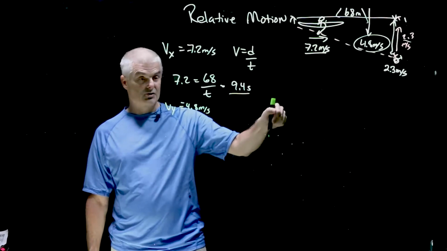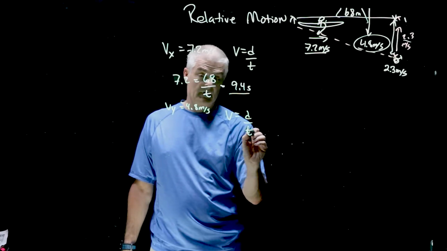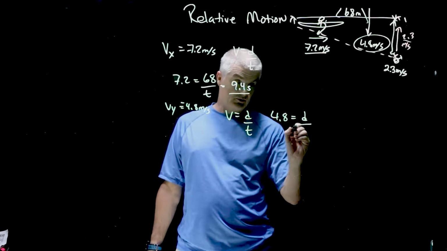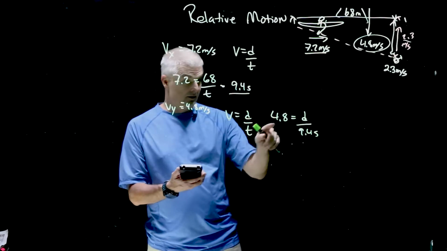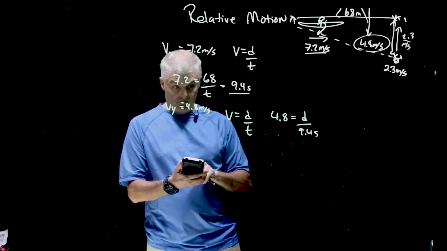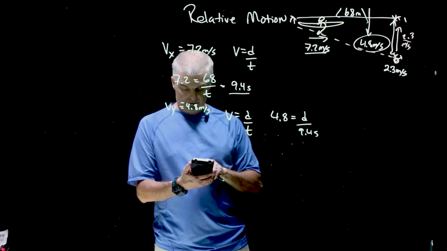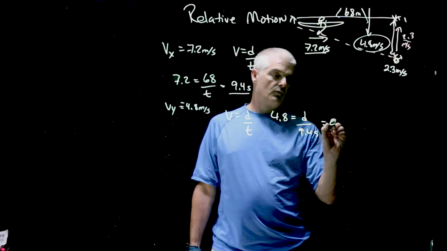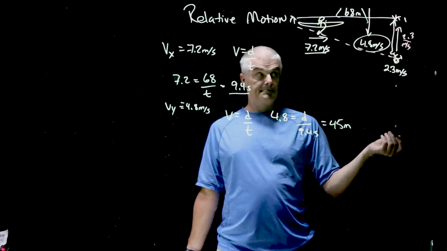So how much downstream did he go? Again, we're going to use our simple equation. V is d over t. And our v is 4.8. And our distance, we don't know. We do know our time, though. That's 9.4 seconds. So we're going to do our math. We'll take 4.8 times 9.4, and that gives me 45 meters, meaning that he's going to be 45 meters downstream.